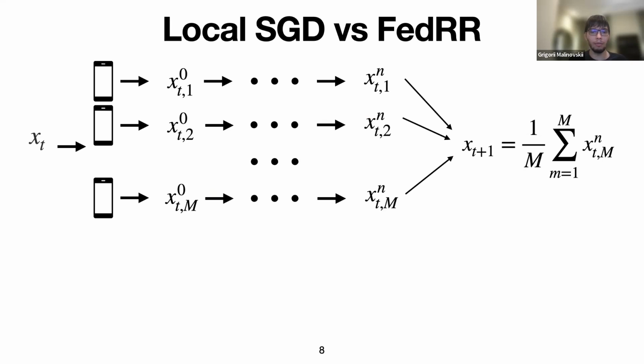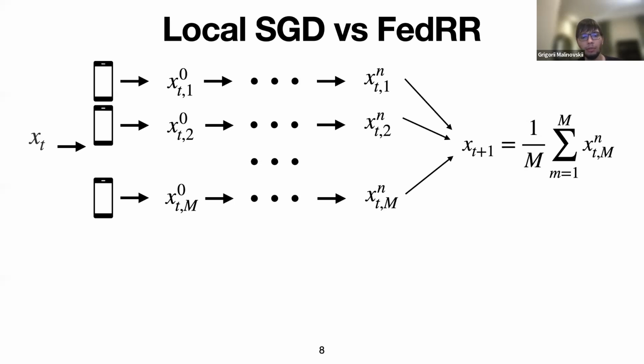Okay, let's move on. Now I'm going to describe the main idea of local methods. At the beginning of local computations, the server sends the global model XT to each client, all copies of this model. Each client performs local computations, and after some steps, the server aggregates the local models. The simplest way to do this is to just average the models. For simplicity, we assume that the number of local steps is equal to the number of data points.